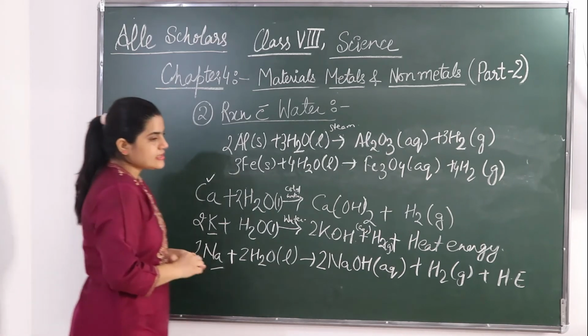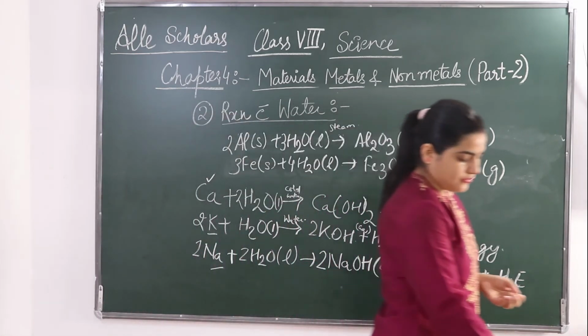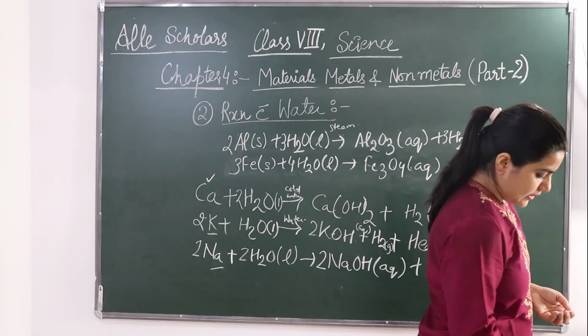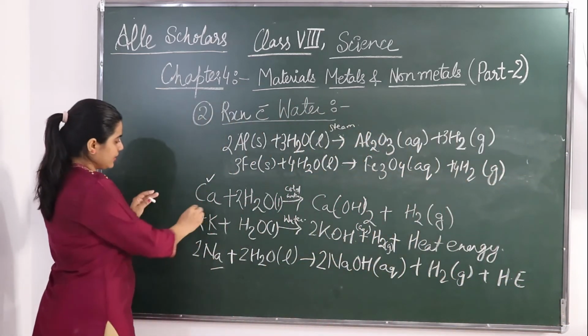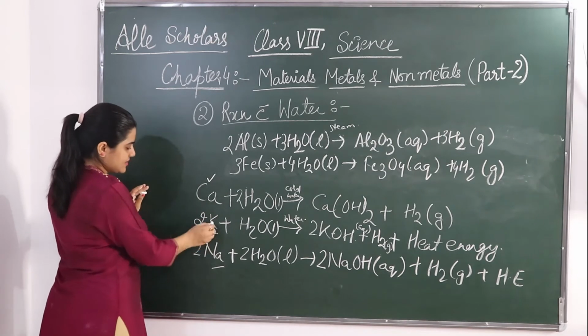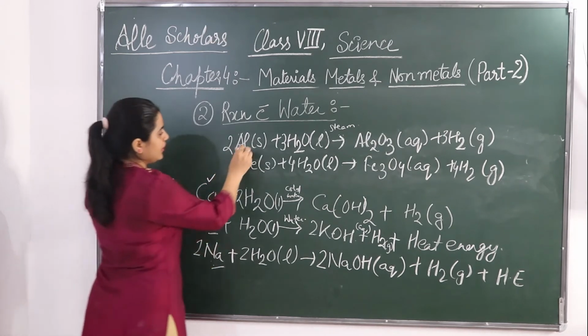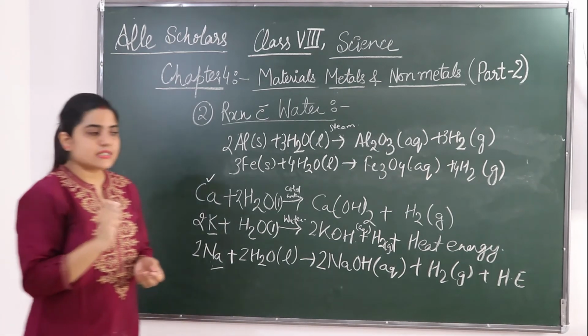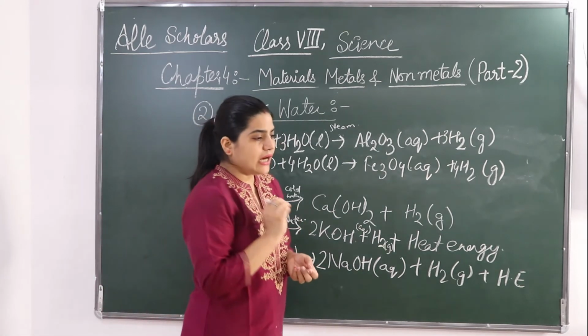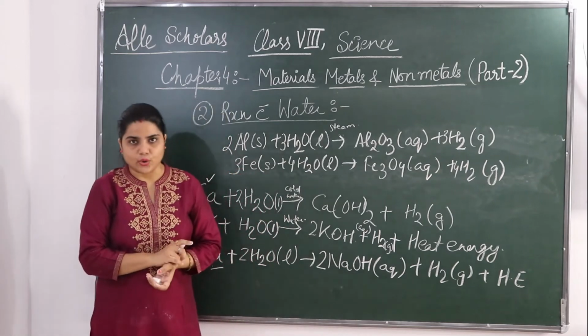Fine. So these are reactions of metals with water. We have seen that calcium reacts less vigorously, potassium and sodium more, and aluminum and iron react with steam. But there are still some metals that do not react with water at all.